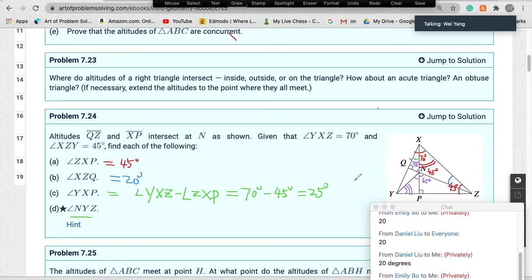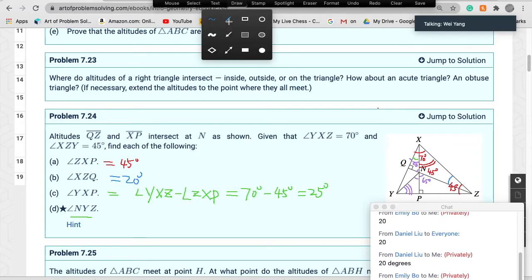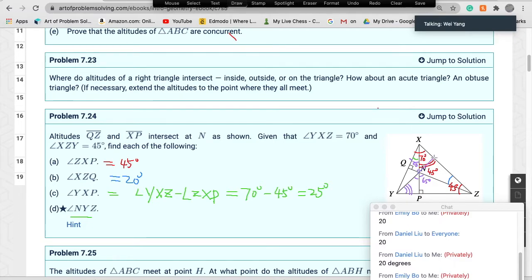Okay. Now let's see. Everybody do this. Continue YZ, extend this one to here. Suppose this intersects this side at A. Then this one will be a right angle.